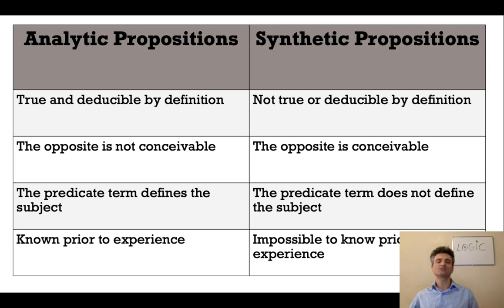The earth rotates on its axis. The earth does not rotate on its axis. Again, conceivable. All bachelors are happy. All bachelors are unhappy. Both logically conceivable. The predicate term does not define the subject. All the bachelors are tall. Tallness does not define the subject bachelors.